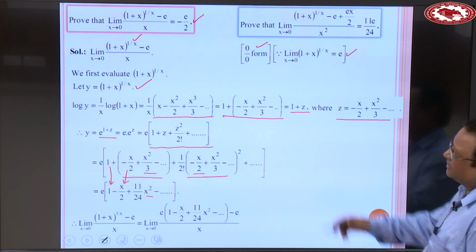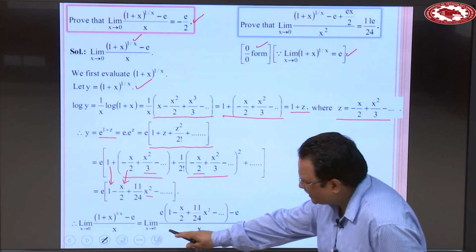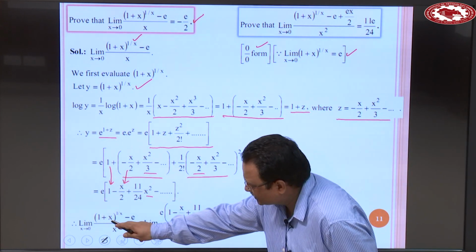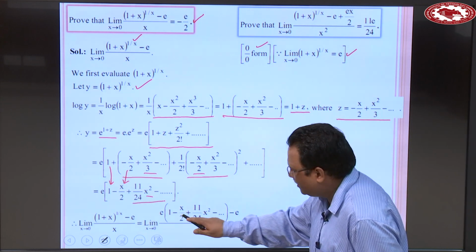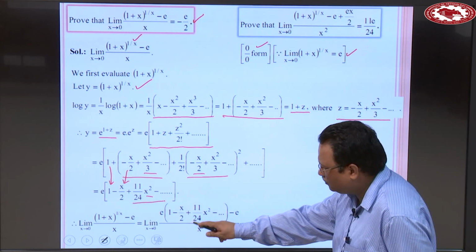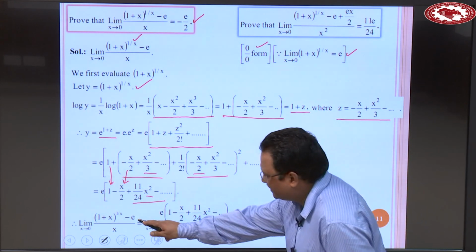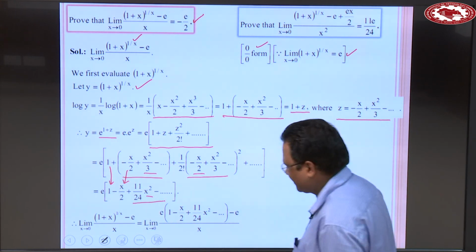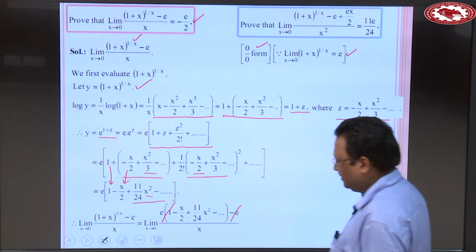Now start. This result is equal to limit x tend to 0. Substitute the value of 1 plus x power 1 over x. e into 1 minus x over 2 plus 11 over 24 x square minus and so on, minus this e as it is, divided by x. Now this term and this term cancel.